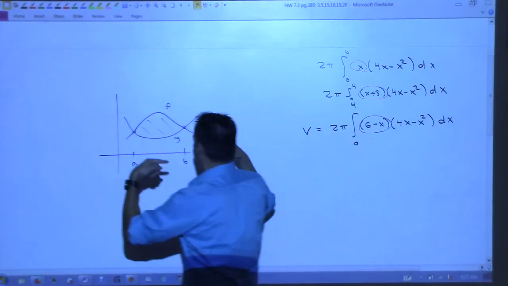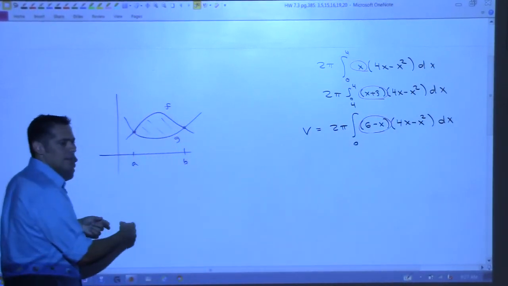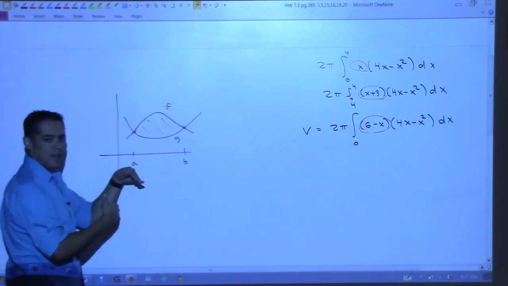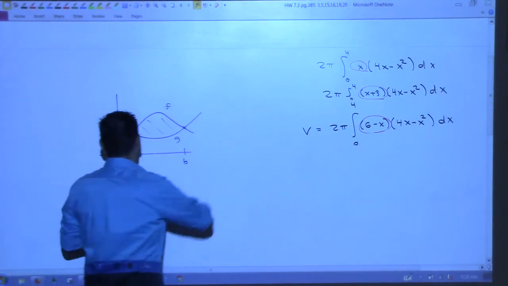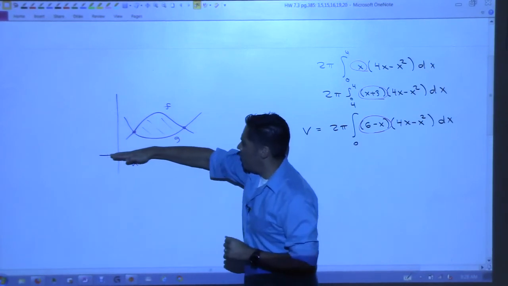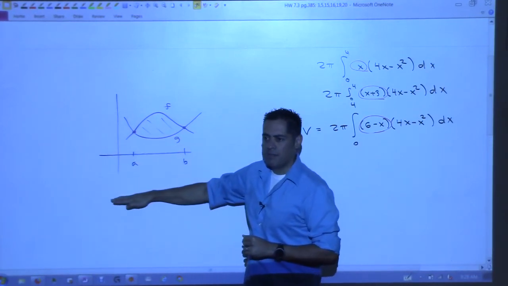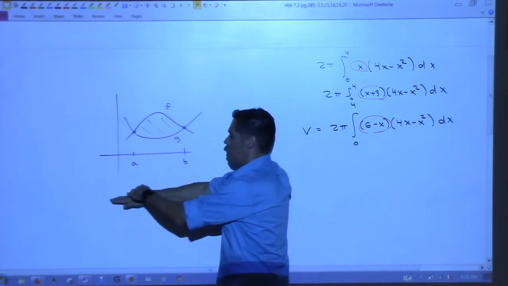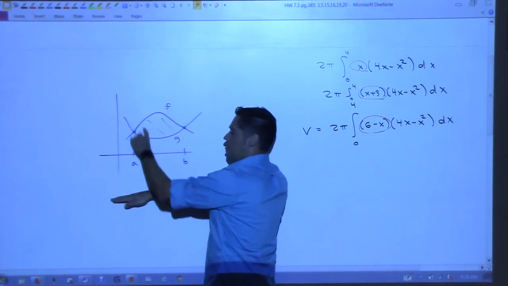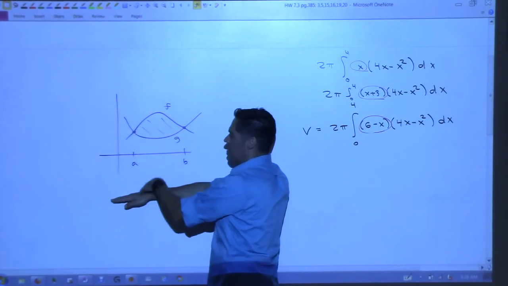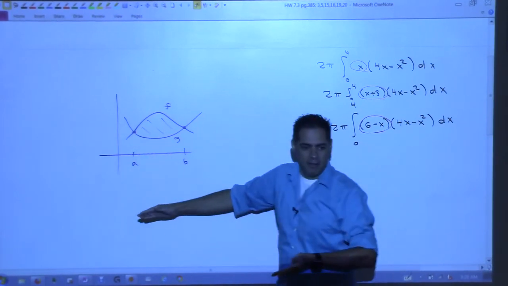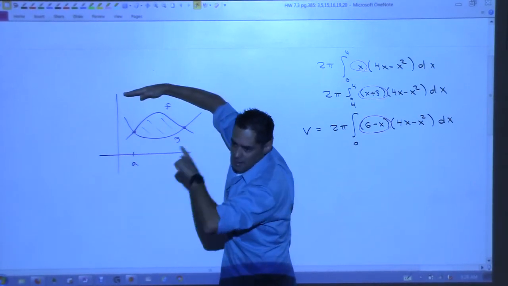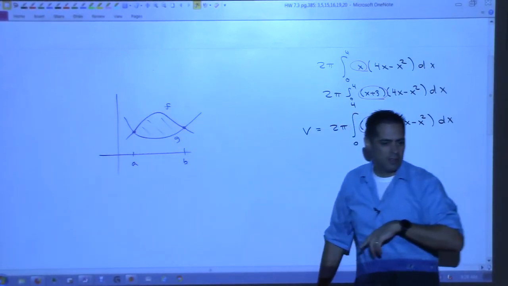So that would be something like pi integral A to B, top function squared minus bottom function squared. Okay, that would be around the x-axis. Then I might ask you to rotate it around a line down here. So that would be like pi, and then you'd have to figure out what the outer edge is, squared minus the inner edge squared, right? And then I give you a line up here to rotate it around. Washers again, figure out the radius, same story, yes?